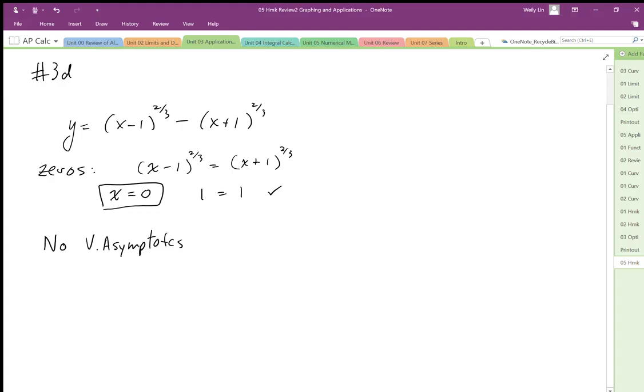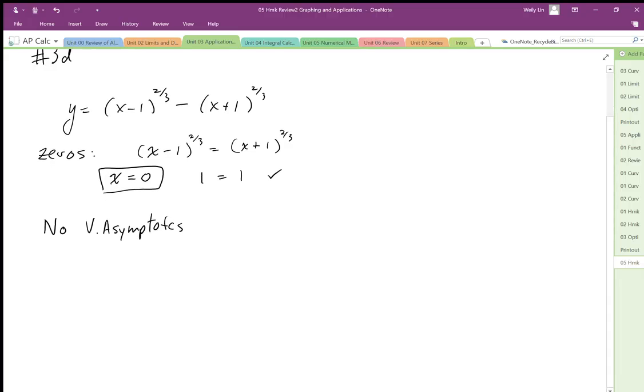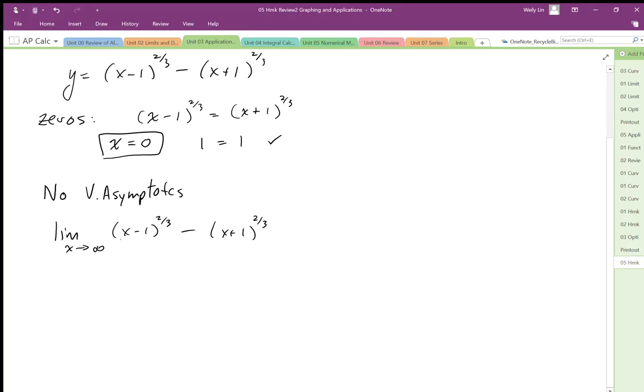Okay, what about horizontal asymptotes? So what's going to happen here? If I let the limit of this expression, x goes to infinity, of that minus that. As x gets really, really big, the minus 1 and the plus 1 essentially become insignificant.